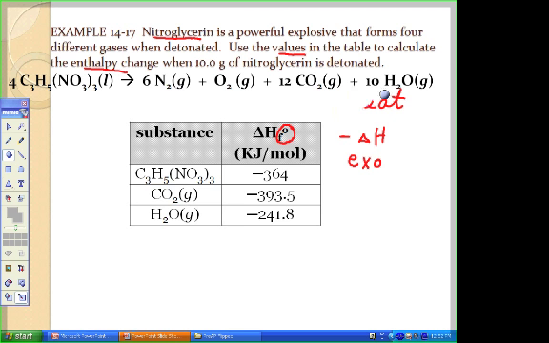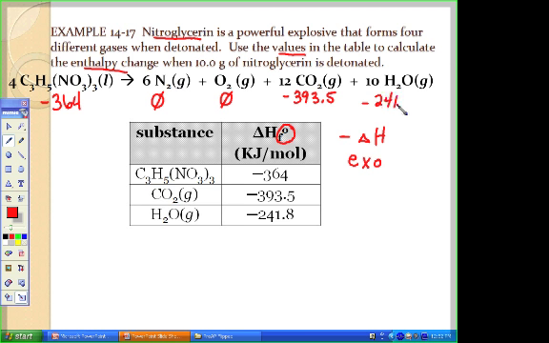Now I like to go ahead and write out the values underneath the substance. So nitroglycerin is minus 364 kilojoules per mole. Nitrogen, 0. Element in its natural state at standard ambient temperature, 0. Minus 393.5 for the CO2.